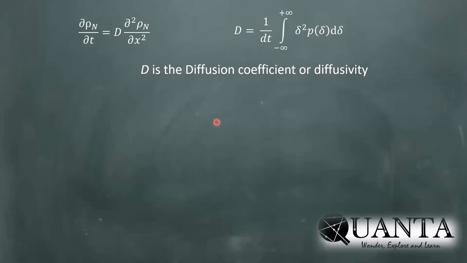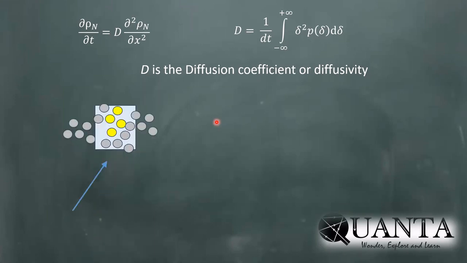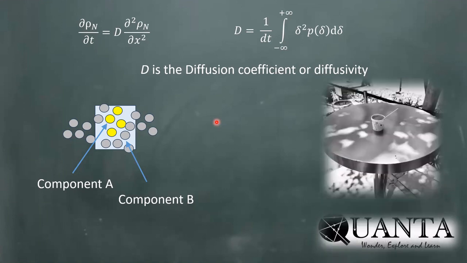But that doesn't stop us from extending the application of this probabilistic framework to a mixture of two components, component A, component B of the binary mixture.